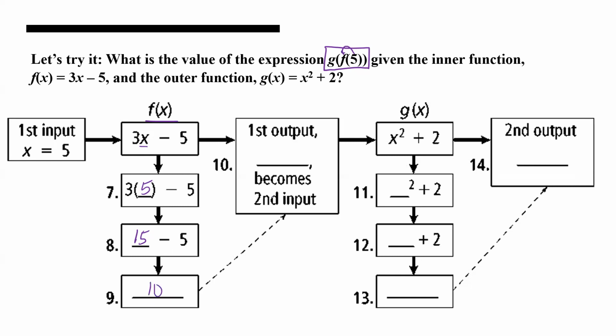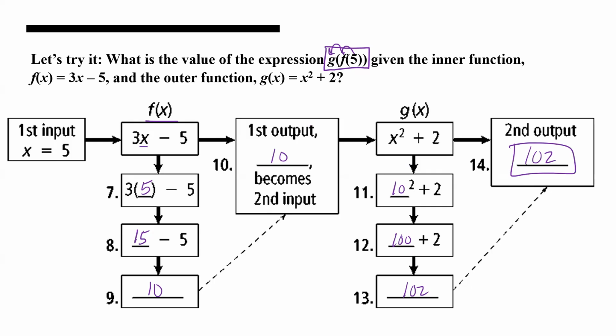So our first output is 10. Now we're going to plug 10 into g of x. So what we got from f, we're plugging into g. That's going to give us 10 squared, which is 100, plus 2. So our final output is 102.